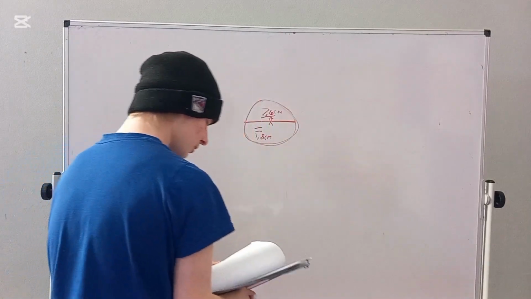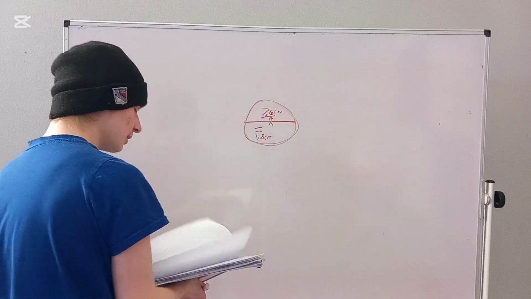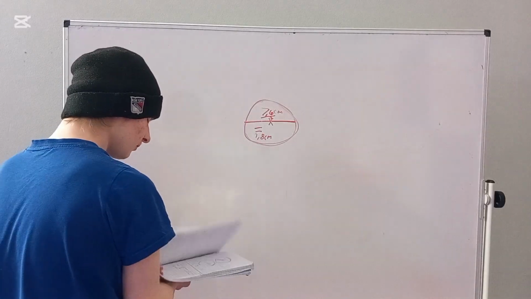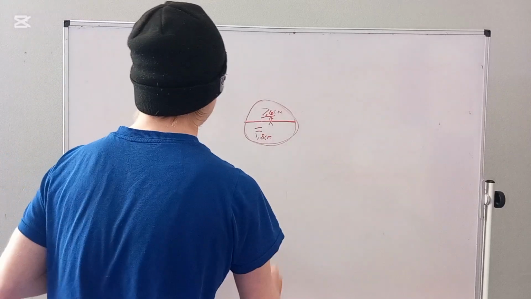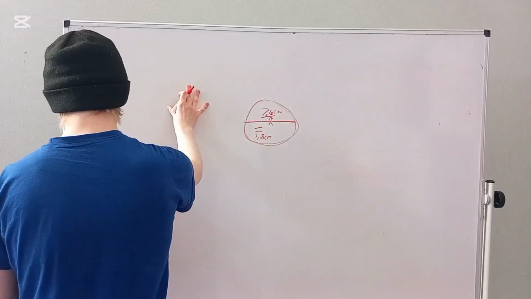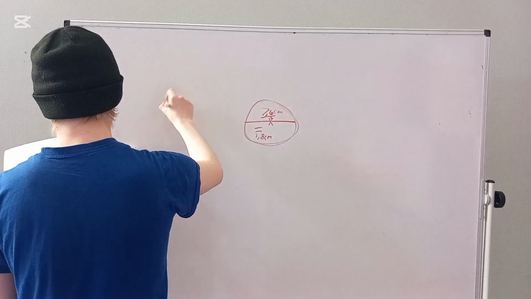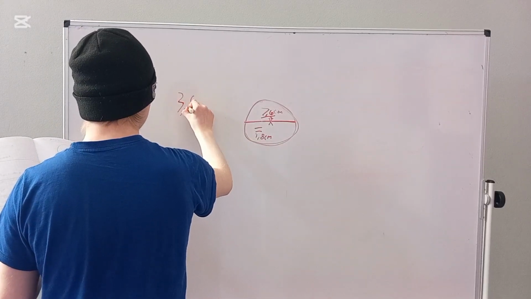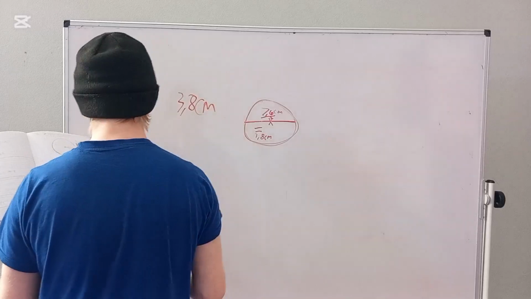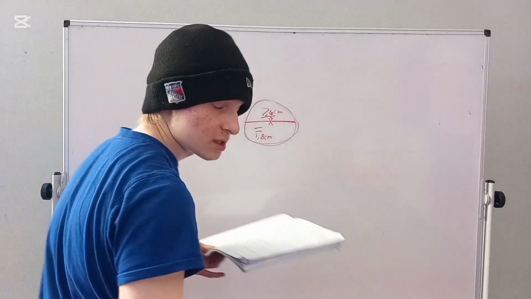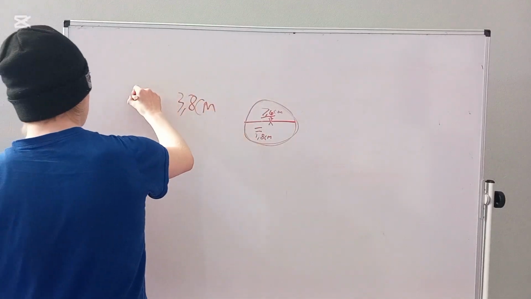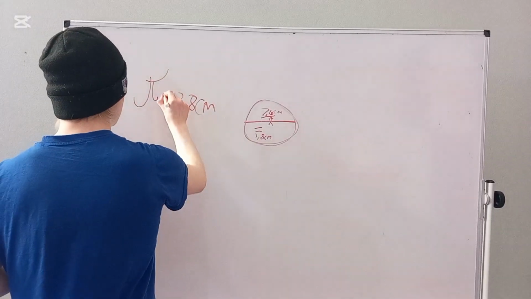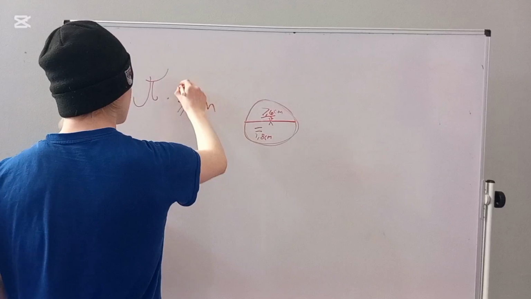So, how do we count the area? Well, first, we need to take this here and put it there. Now, take a guess, what do we do with it? We multiply it by pi. That's not all.